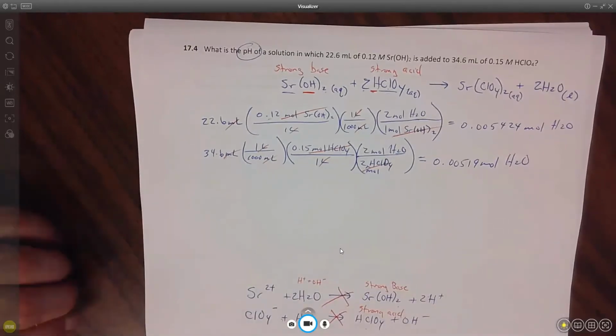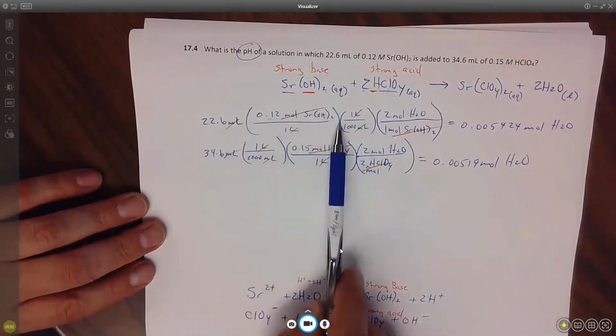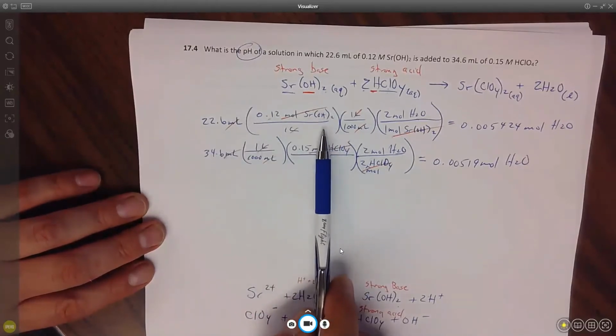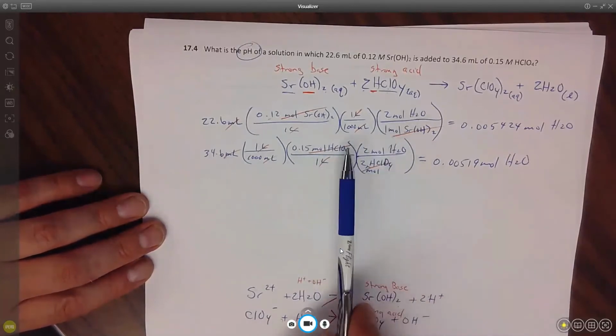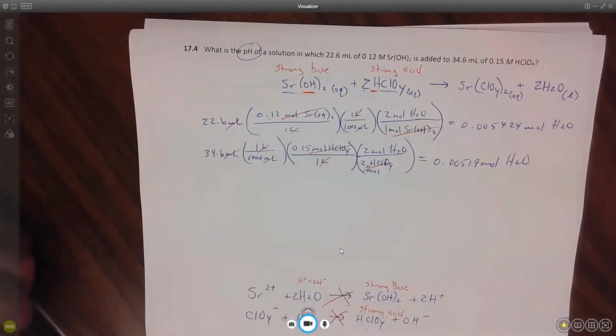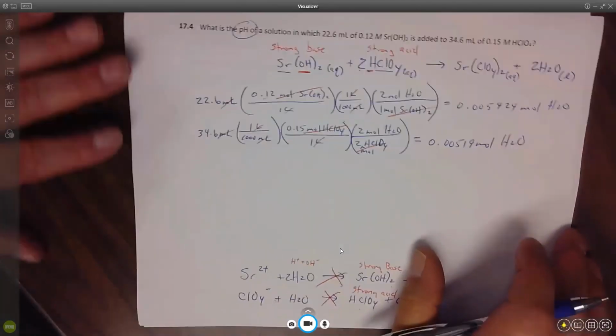But now what I need to know is the excess. How am I going to determine the excess? I can't just use the strontium hydroxide the way it is. We lost quite a bit of the strontium hydroxide to the reaction with the perchloric acid that was in solution. So the way I'm going to determine the excess is this: I need the moles.